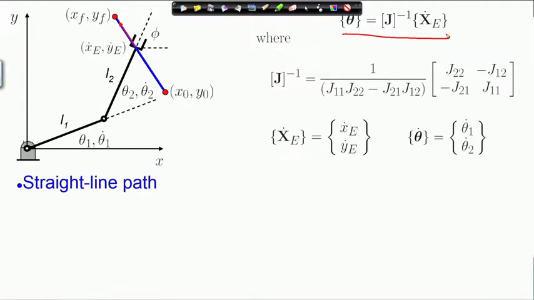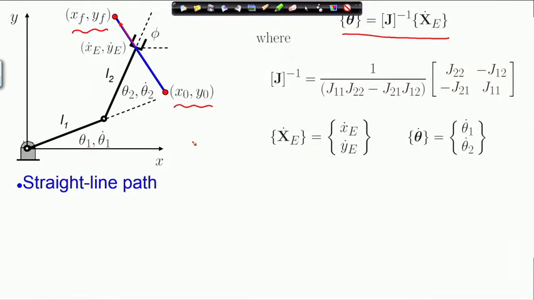Now, let us look at the example of a straight line path generation. So, here I have 2 points x o y o and x f y f, and I would like to connect them by a straight line.